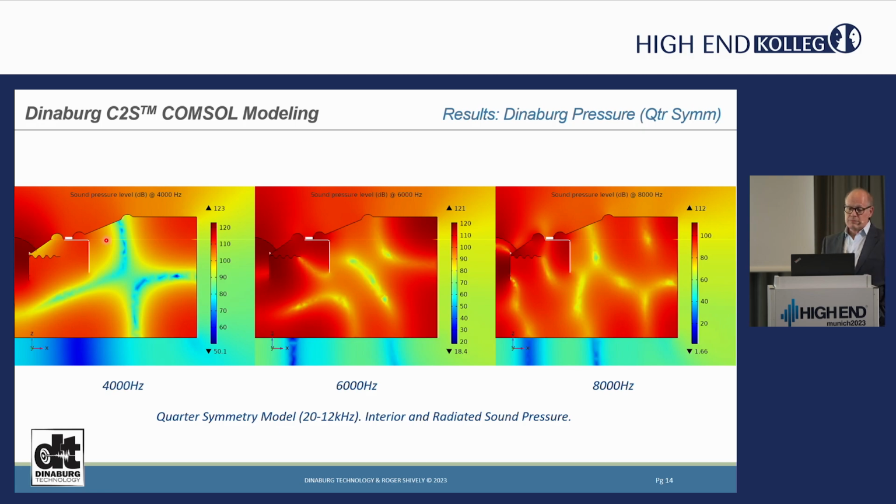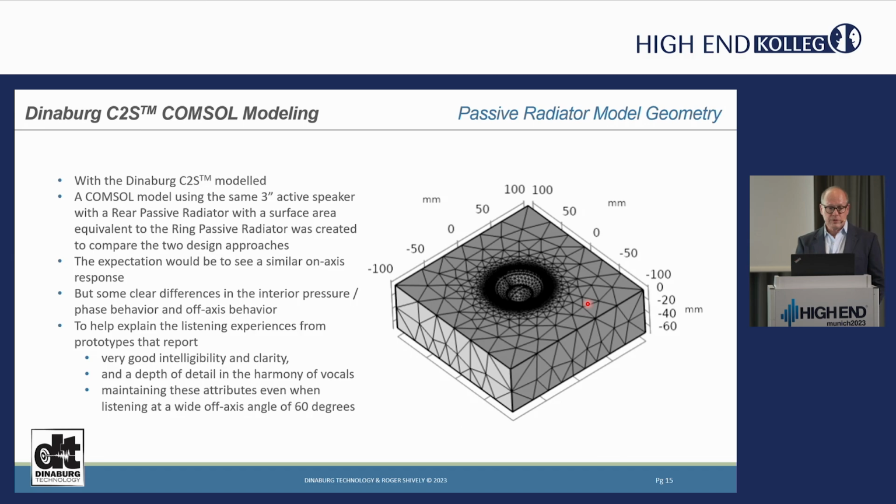And if we have some time, then we might look at some of the measurements that were made on the box and compare them as well to see what's going on there. So we start to see this, but the idea was to compare it to a standard design, which had the 3-inch in a box this size, but had a passive radiator attached to the box on the rear.